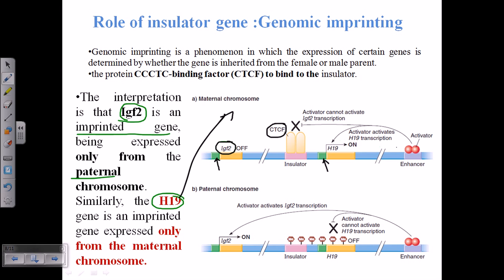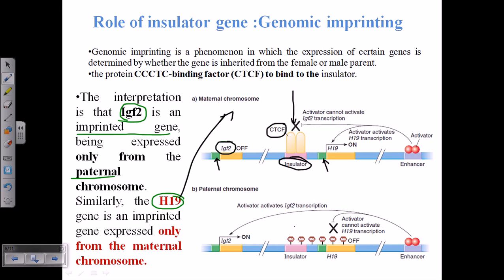It will block the attachment of this enhancer sequence or activator protein with the promoter of IGF2, because we need the expression of H19 from the maternal chromosome, and IGF2 must be expressed from the paternal one. So we need to block the expression of this gene, and we can do this using this insulator sequence with the help of insulator binding proteins.